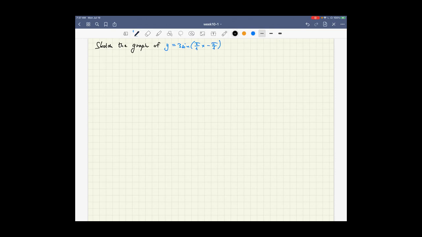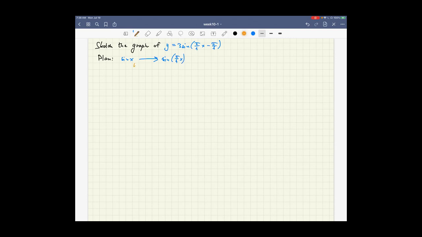So let's develop a plan. The plan is this. We will first draw the graph of sine x. Then we will horizontally stretch to account for the factor pi over 4 in front of x. So that will result in the graph of sine of pi over 4x.